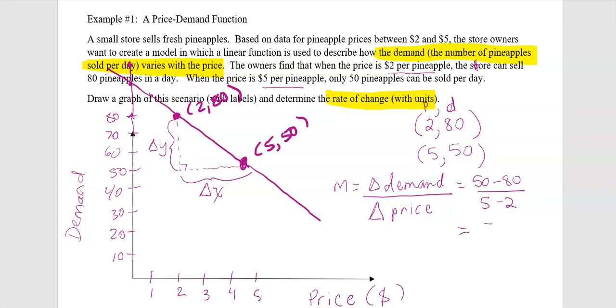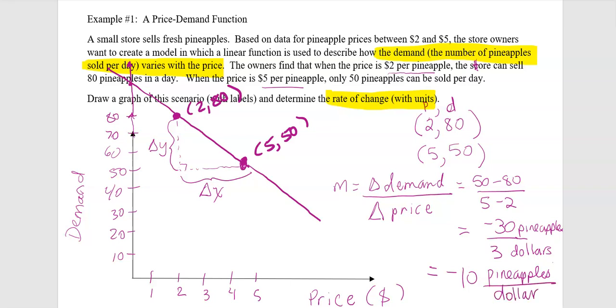If I simplify my numerator, I get negative 30, and this is pineapples. And then over 3, and this is dollars, a change in $3. And so if I simplify this, I'm going to get negative 10 pineapples per dollar.